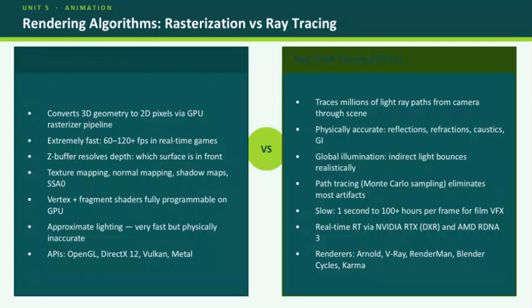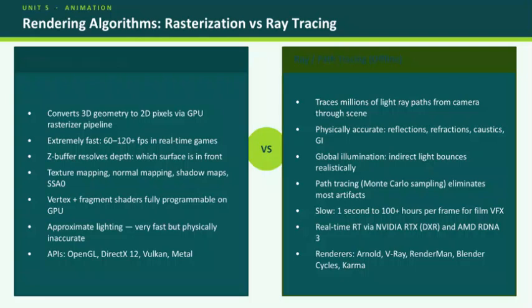Rendering algorithms are techniques used to generate images from 3D scenes, and rasterization and ray tracing are two of the most important approaches. Rasterization works by projecting 3D geometry onto a 2D screen and determining which pixels correspond to each shape, making it extremely fast and widely used in real-time applications like video games.